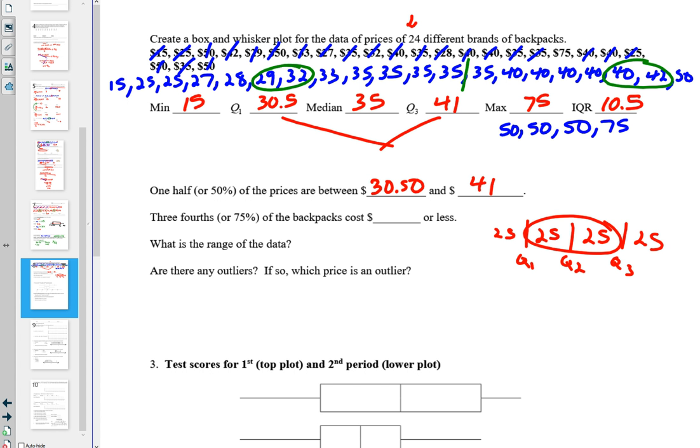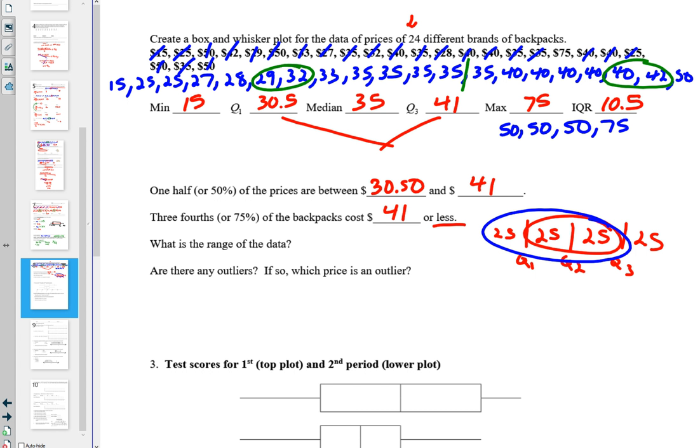So if I want to know some money or less, and I want 75% is what or less, well then it would be everything below the third quartile. The third quartile is 41, so $41 or less. 75% of the bags cost $41 or less.